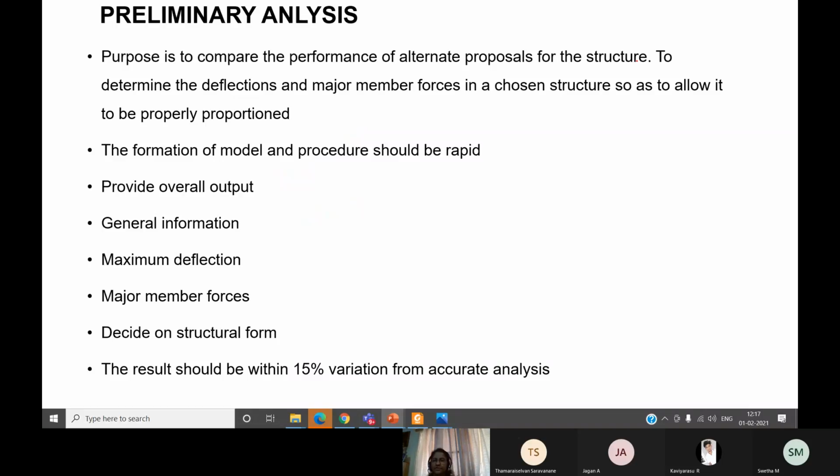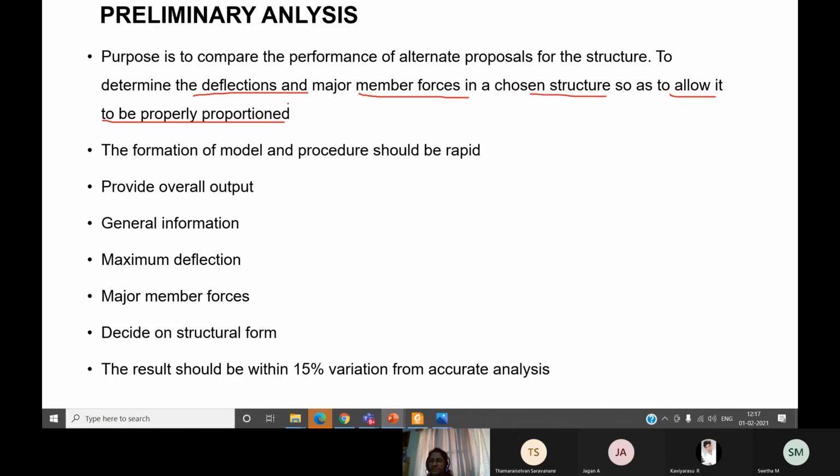That means when you do an initial analysis, you will know what modifications are to be done. Another way to say it: to determine the deflections and major member forces in a chosen structure so as to allow it to be properly proportioned. That means in order to get the initial dimensions and the major member forces in a structure, you can go for a preliminary analysis.